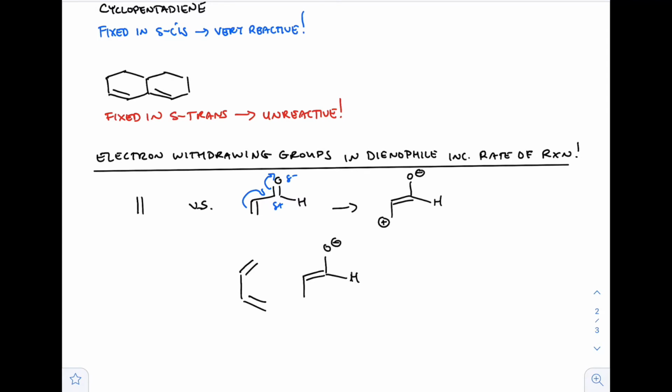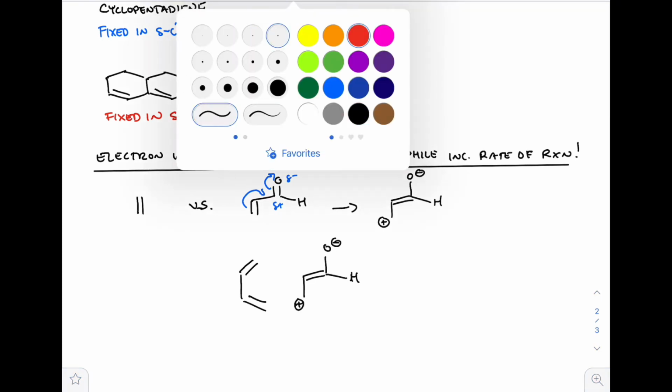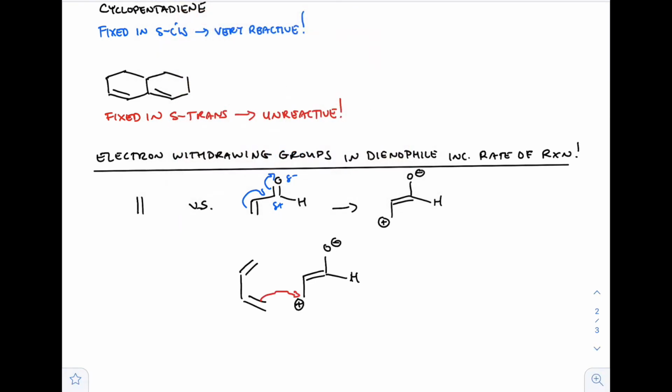And it kind of looks like a positive charge to that electron-rich diene. And so if you were thinking of it as attacking that dienophile, then it's going to love to attack that electrophilic dienophile, right? It's more reactive because it's got a delta positive on that carbon, okay?